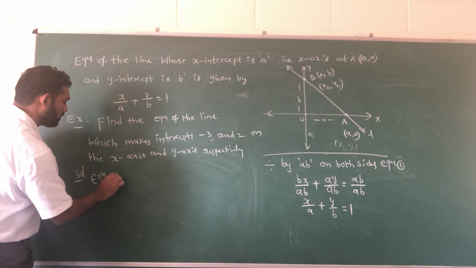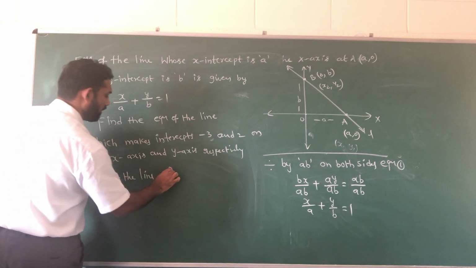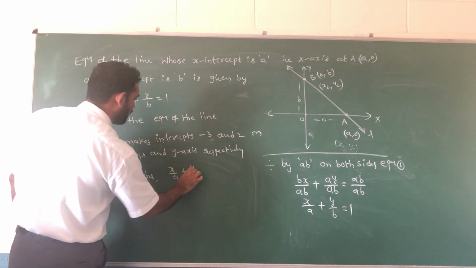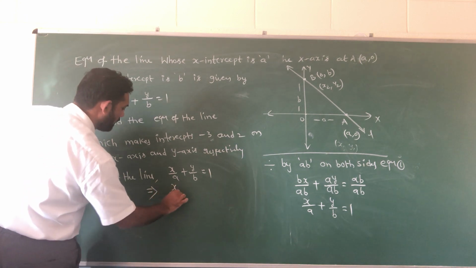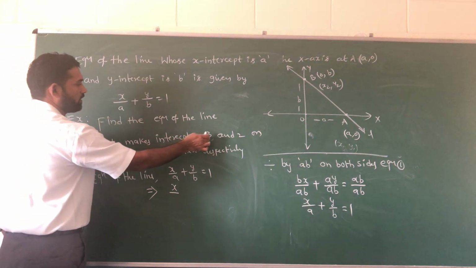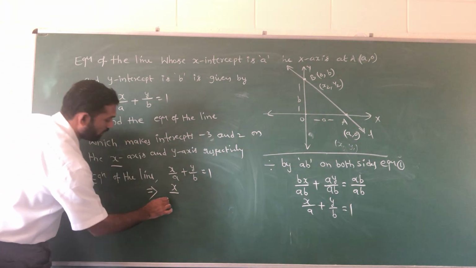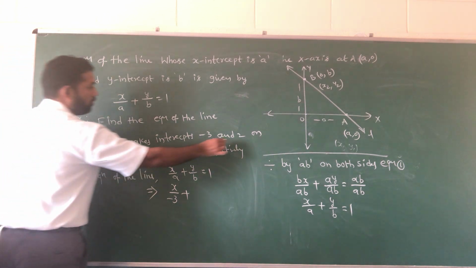So equation of the line: x by a plus y by b is equal to 1. Here x intercept is what? X intercept is minus 3, so a is equal to minus 3. Y intercept is what? 2.